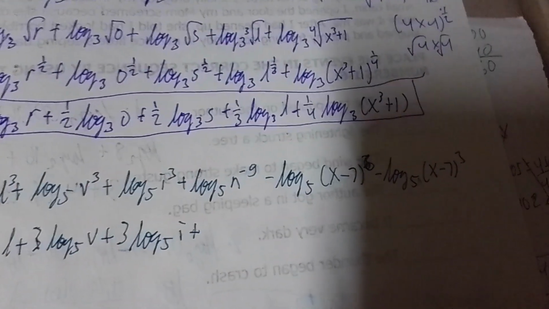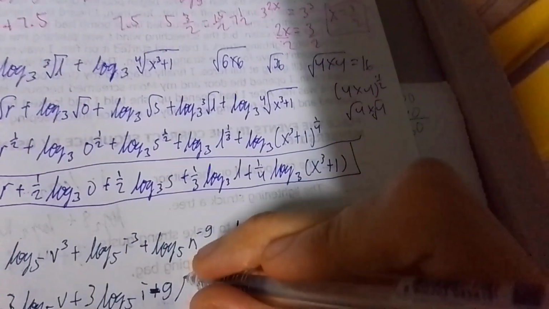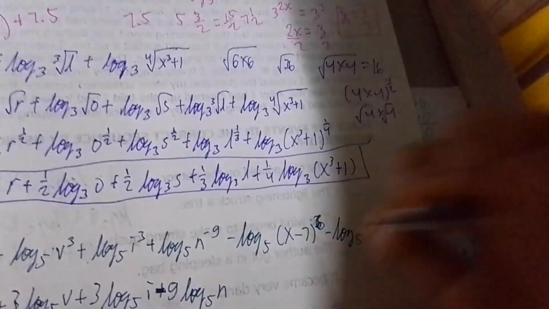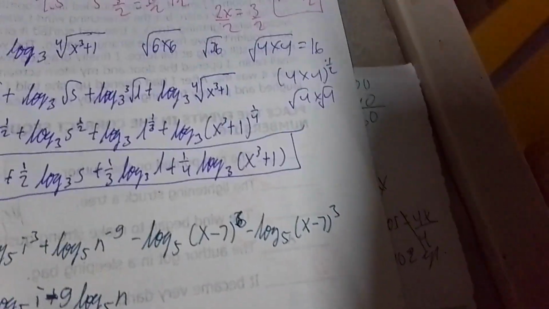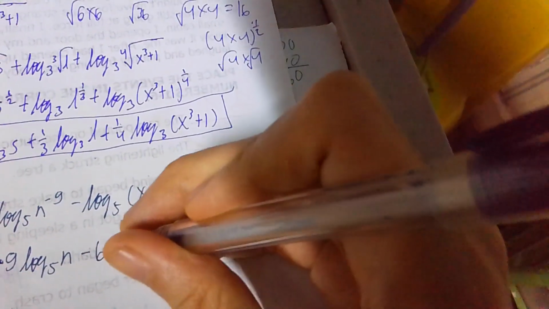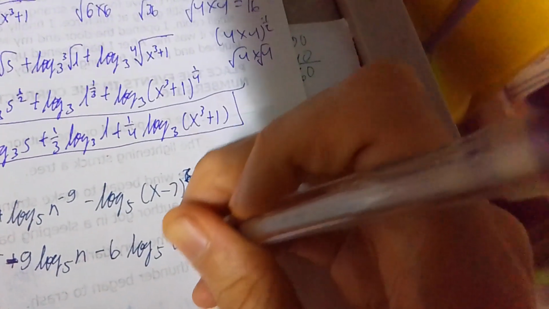Remember you have negative 9? So the negative 9 slides down, and this is supposed to be negative. So negative 9 times log base 5 of N. And then minus, remember the 6 slides down, so we have minus 6 times log base 5 of x minus 7.